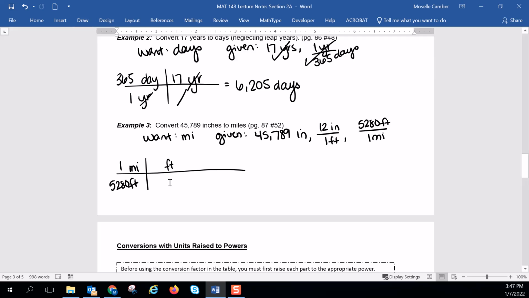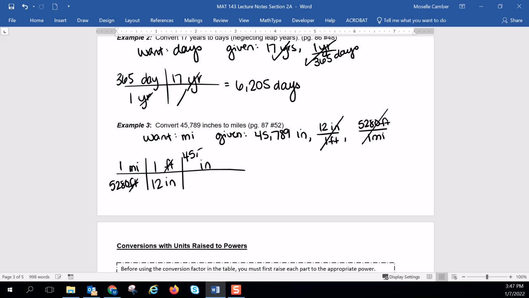Okay, so now I need to get rid of the feet, so I need something else that has to do with feet. I've already used that one, so I'm not going to use it again. Well, I have this foot here, so I have 1 foot is 12 inches. So my feet cancel. Now I have miles and inches. Well, I don't want inches, so I need to put inches up here. I already used that one, so I only have this one left here.